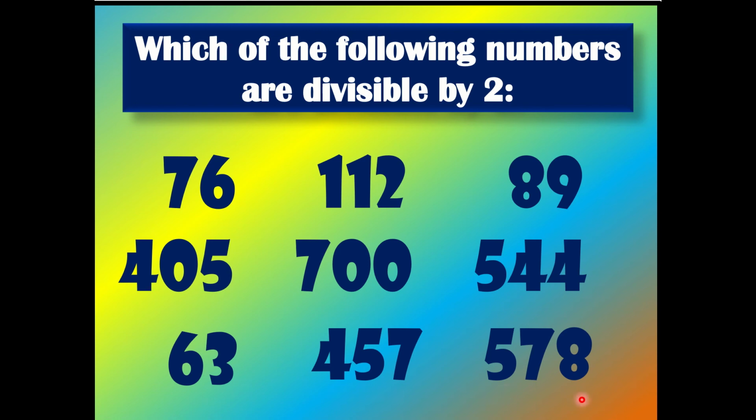You will just choose from the numbers which are divisible by 2. So you can get your paper or notebook to write it down so you will not forget your answers. Okay, you're done.